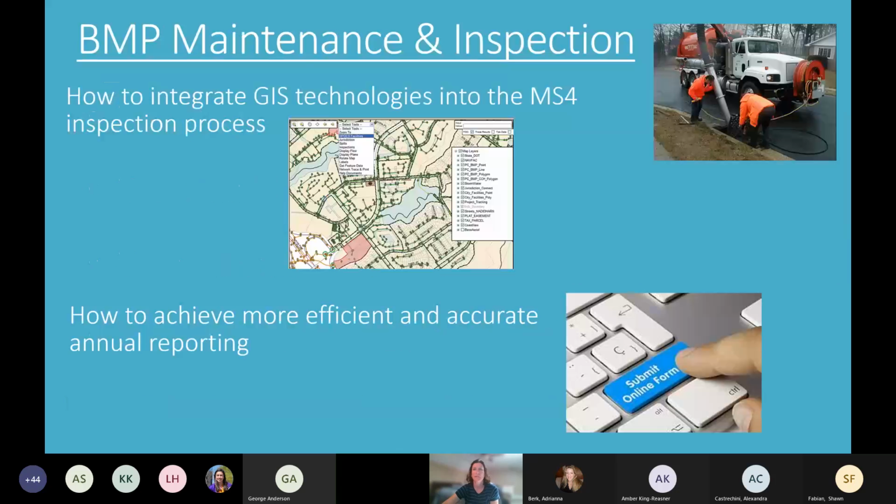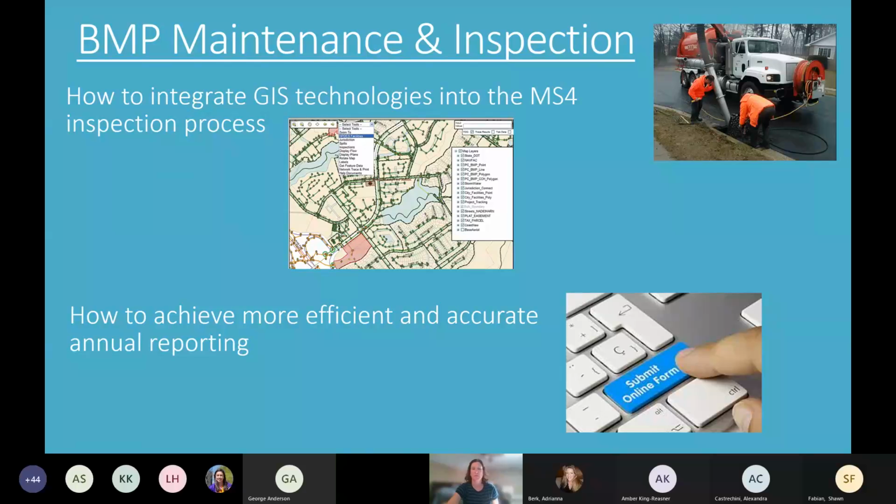Our last session is Jerry Northridge from College Township, who is going to talk about BMP maintenance and inspection and how they integrated GIS technology into their inspection process, and then also using that GIS technology to make annual reporting a little bit easier.